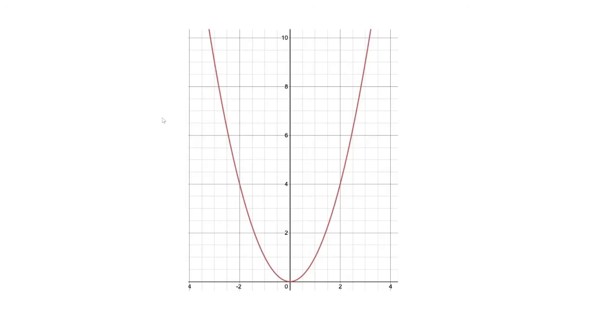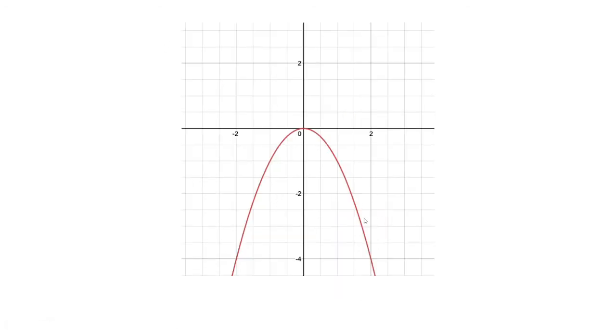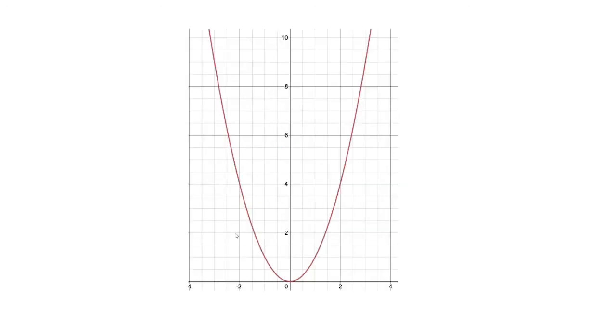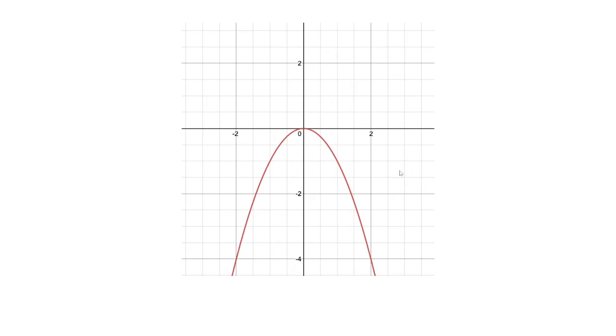So this is what a parabola is. Y equals x squared. This is your standard textbook parabola. Now what's the difference between this parabola and this parabola? As you can tell, this one opens up and this one opens down.